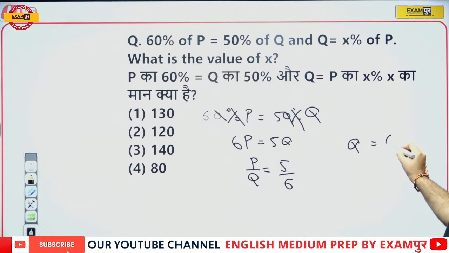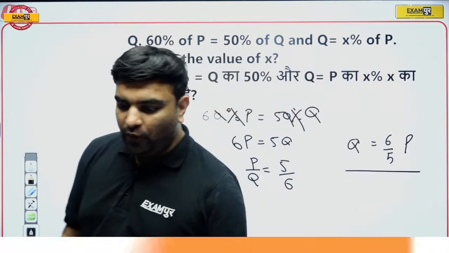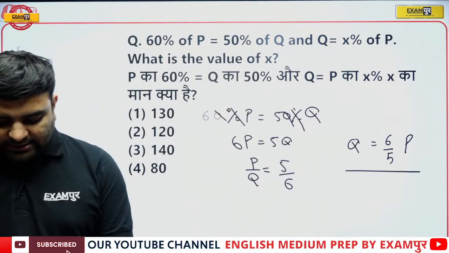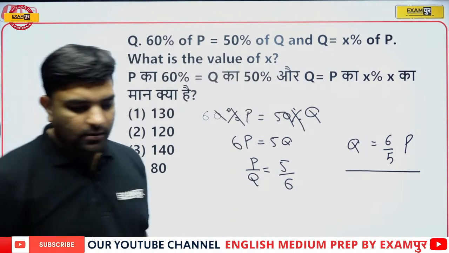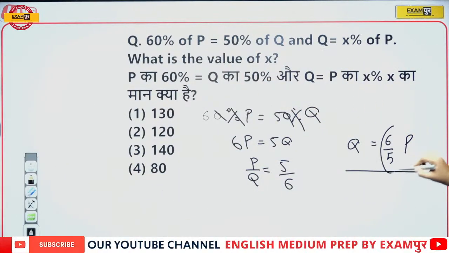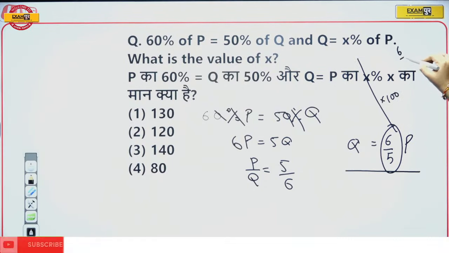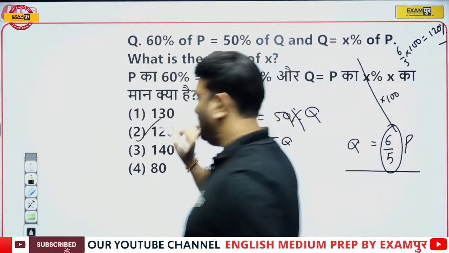Q is 6 by 5 of P. Now you can convert this fraction into percentage by multiplying by 100. So what is 6 by 5 into 100? That is 120%. So the answer is 120%.